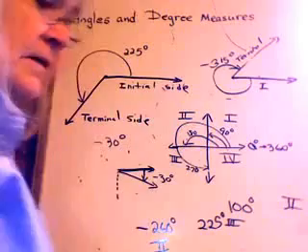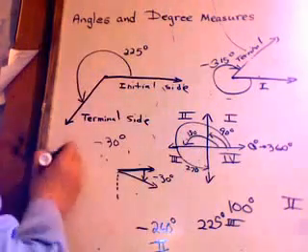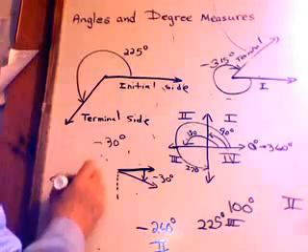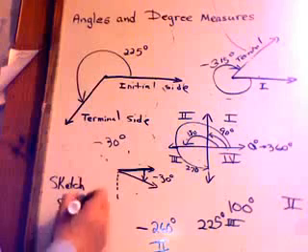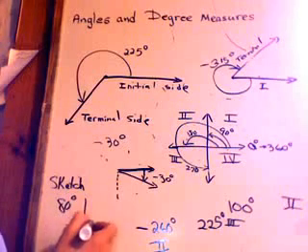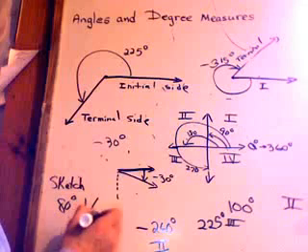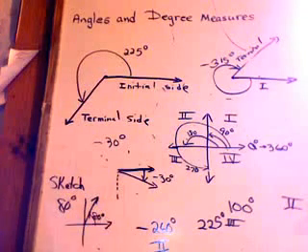Now, I didn't talk about sketching one that was bigger than 360, but suppose I said to sketch an angle of 80 degrees. Well, you draw a little grid, and then you sketch 80 degrees right there. So that's 80 degrees. There's a sketch showing my initial side and my terminal side.